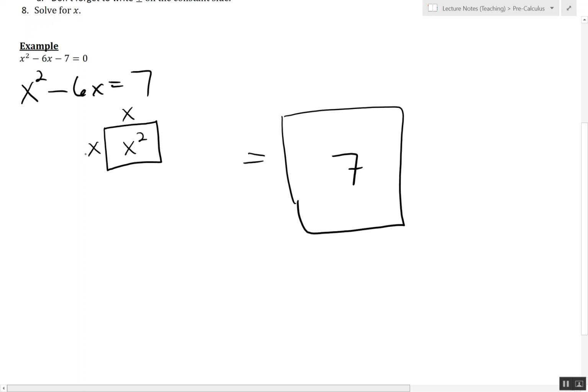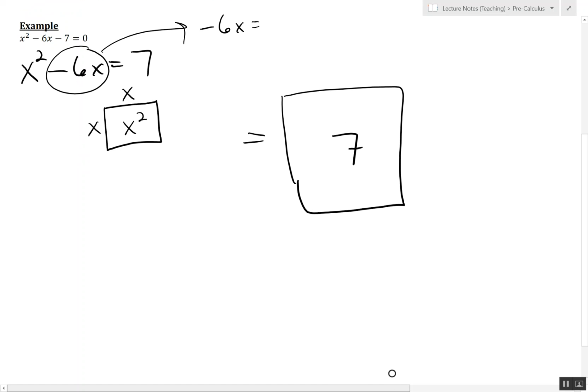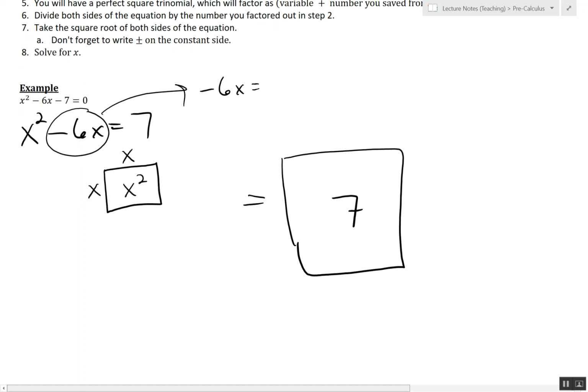Now, you want to take this term just like before and cut it in half. So negative 6x is just negative 3x and negative 3x.